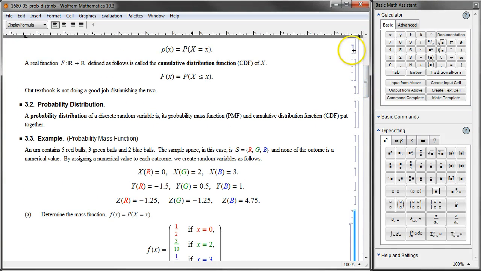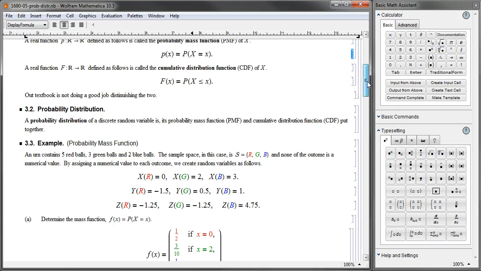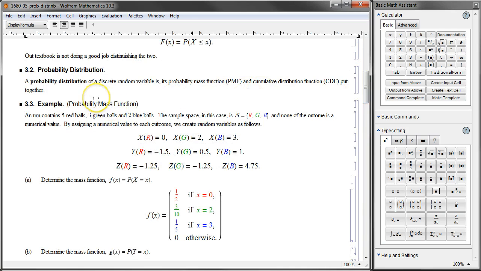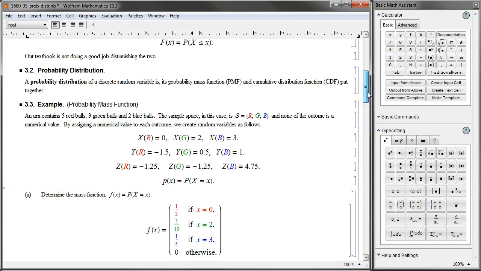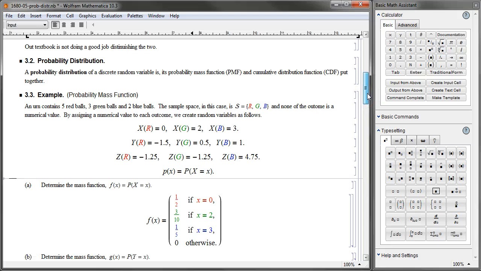Let me get the definition of this mass function down here so that we get everything in the same viewing window. Alright. Okay.